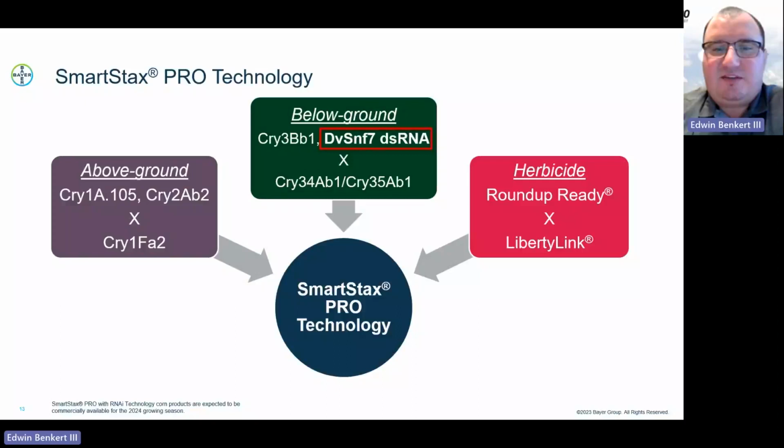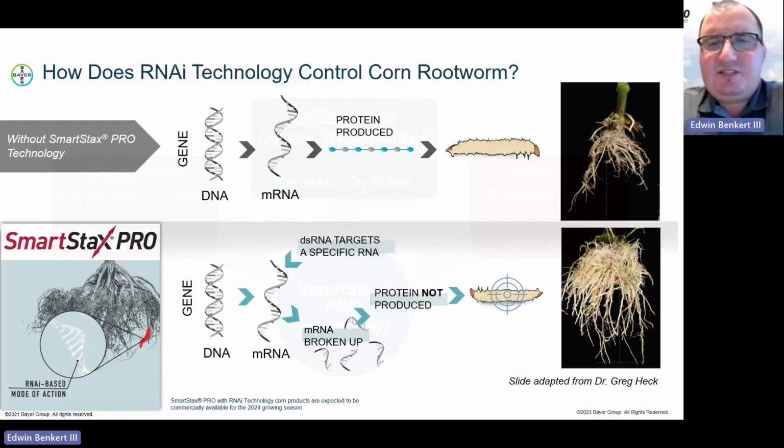So this third unique mode of action is what sets SmartStax PRO apart from our SmartStax hybrids, as well as from our competitors, because it's a new non-BT mode of action.